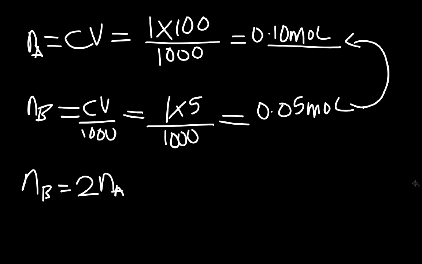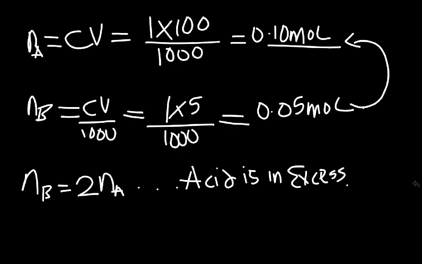So the mole of the base here now is twice that of the acid, and this is your fourth step. So keep this in mind. This already shows that the acid is in excess.